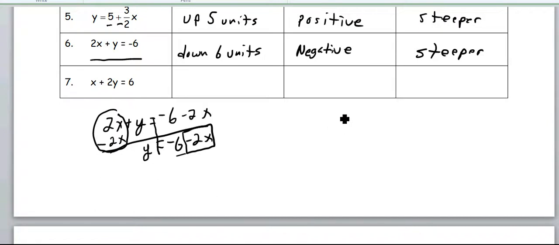All right, number 7. Again, we have to put this in a form that has one single y by itself. So I'm going to subtract my x from both sides, and I end up with 2y equals 6 minus x.